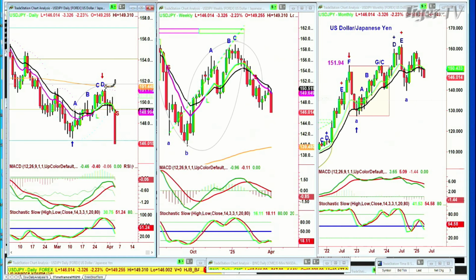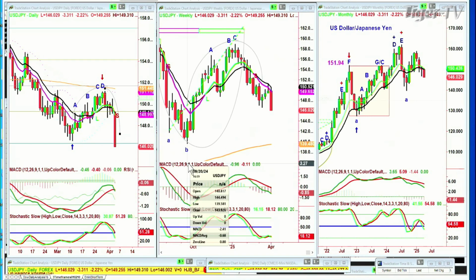Okay, there it is. And it has the larger arch formation, and that just has a target at 146. If the yen takes out 144, let's call it 143, then all of a sudden you're looking at 139, the 200-period moving average, which coincides with the low that was made back in September, the last week of September, the week of the 20th, 139.5.